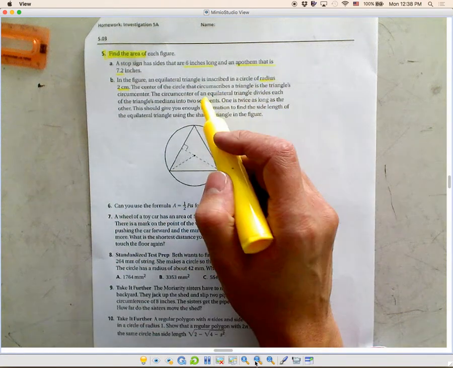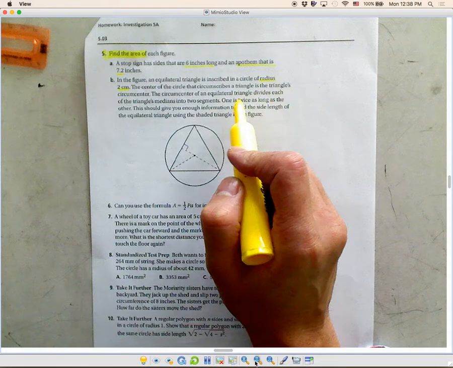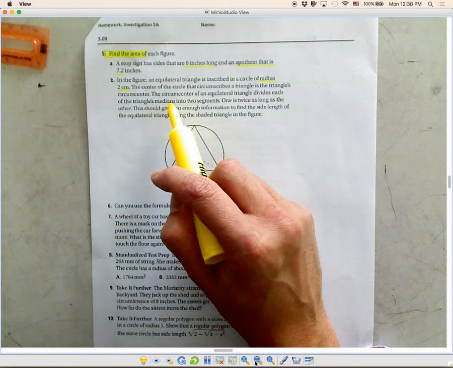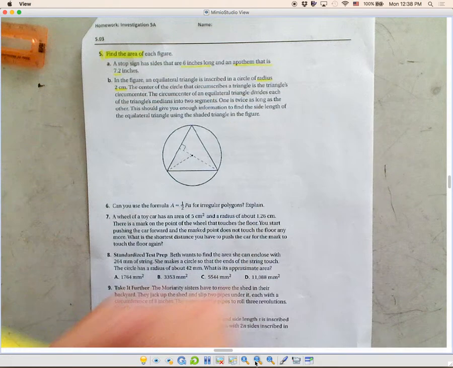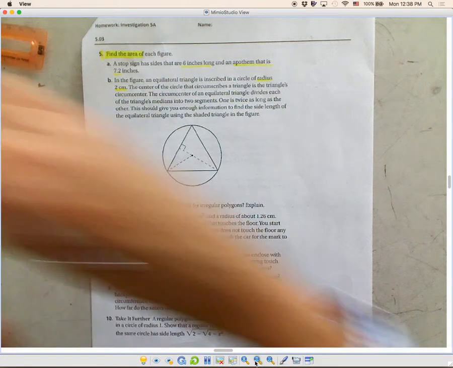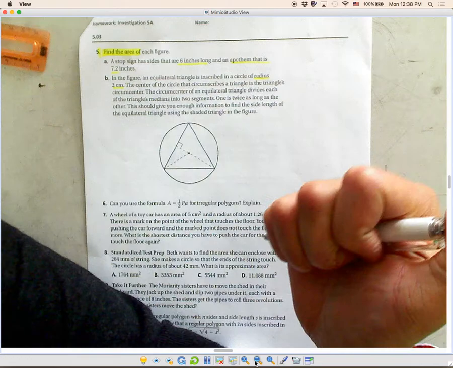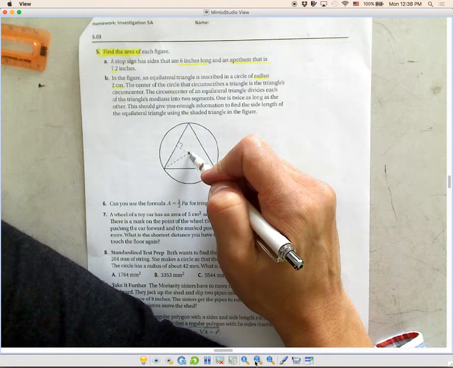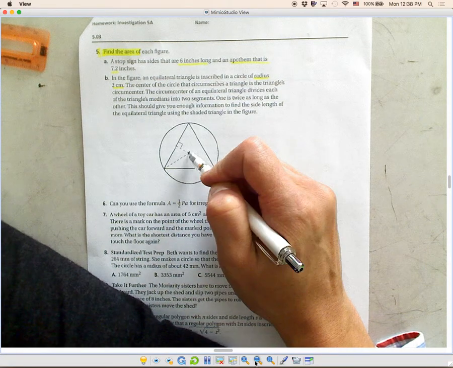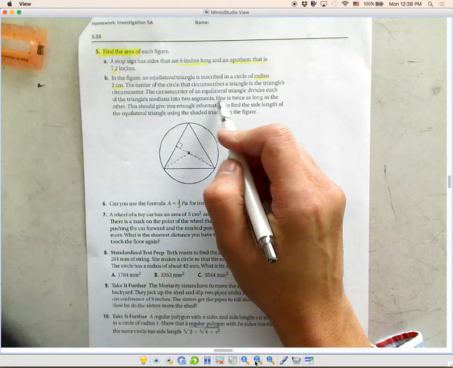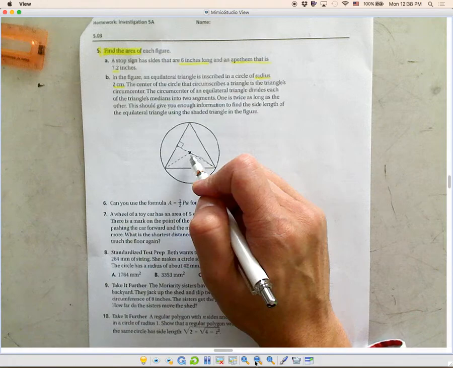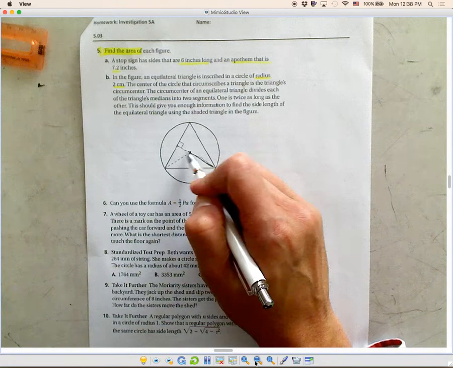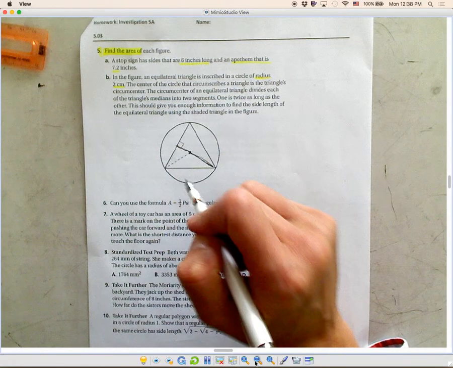It says the circumcenter of an equilateral triangle divides the triangle's median into 2 segments. This point divides this segment into 2 pieces, the longer one and the shorter one. The longer one is twice as long as the shorter one.